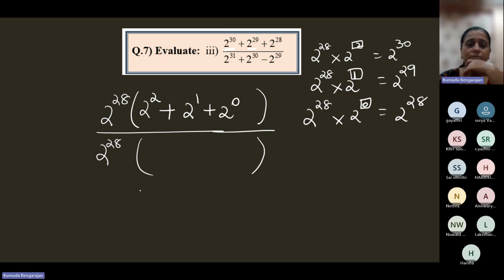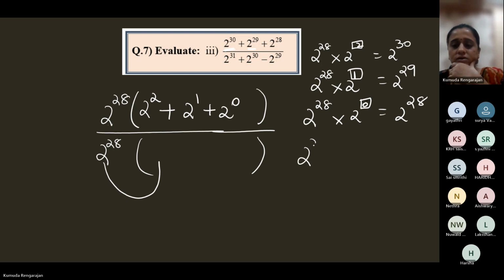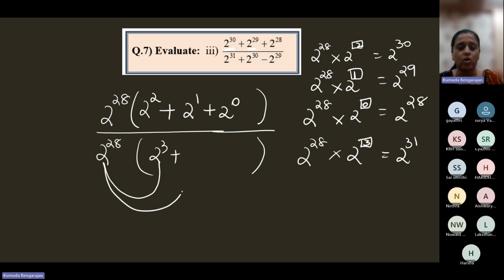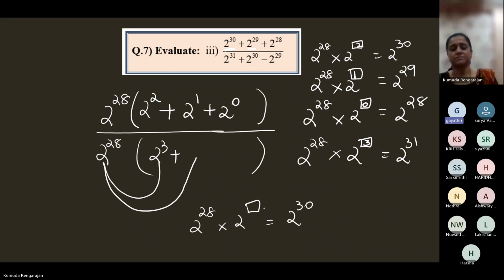In the denominator, 2 to the power 28 into what will give you 2 to the power 31? 2 to the power 3. 2 to the power 28 into what will give you 2 to the power 30? 2 to the power 2.